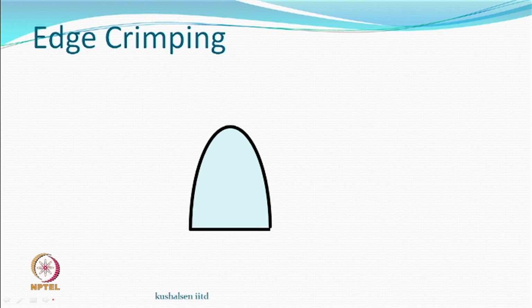So, another process which is used to produce stretch yarns. Remember, we are still talking about stretch yarns. It is called edge crimping. And what is edge crimping?